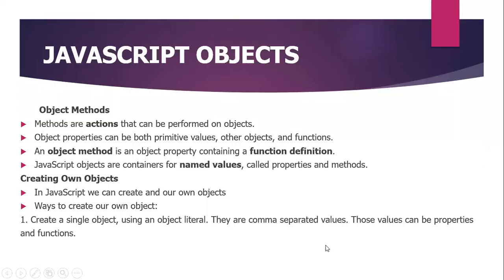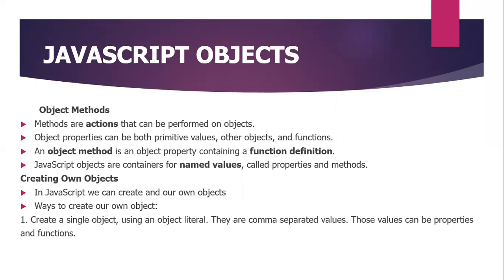JavaScript methods are actions that can be performed on objects. Object properties can be both primitive values and functions. An object method contains a function definition.